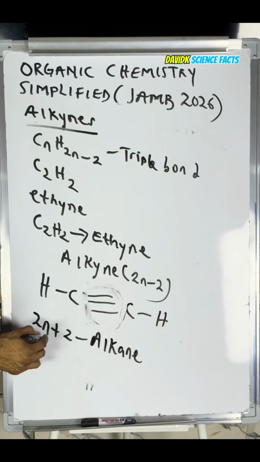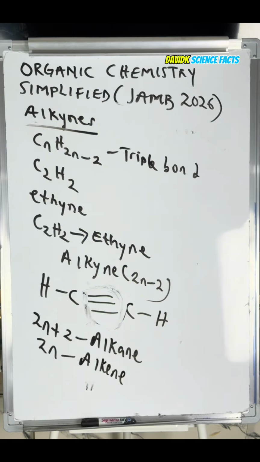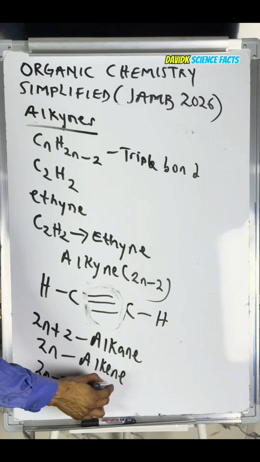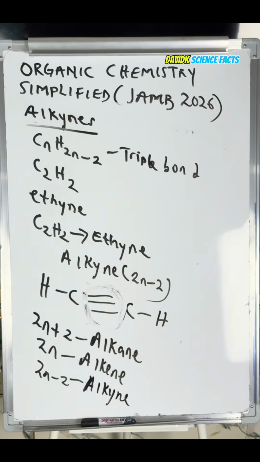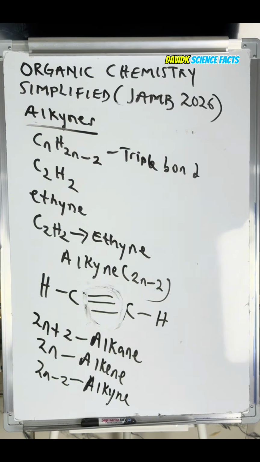When you see 2n, you know it is an alkene. Whenever you see 2n-2, you know it is an alkyne. So any question you come across, just check the hydrogen.